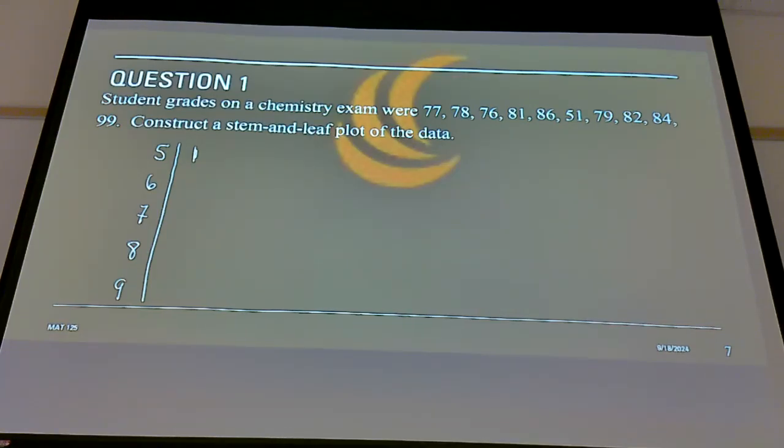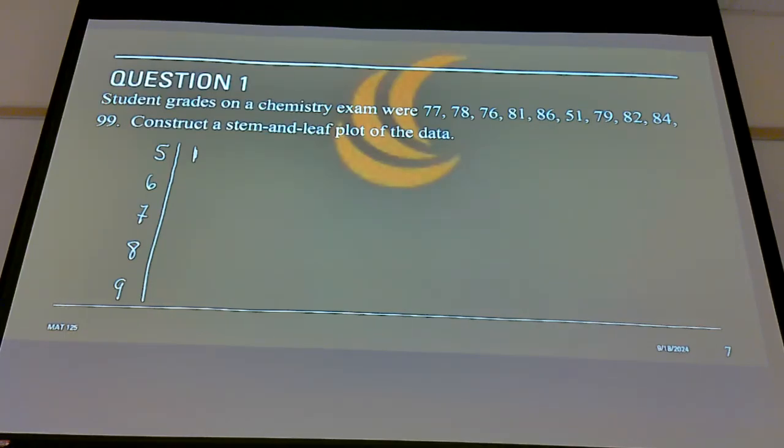Now, there's not actually a rule that says that your leaf has to be in any kind of order. So you can just go term by term and write them out as you see them. You don't have to worry about writing them in ascending order. Generally, we want to do that.